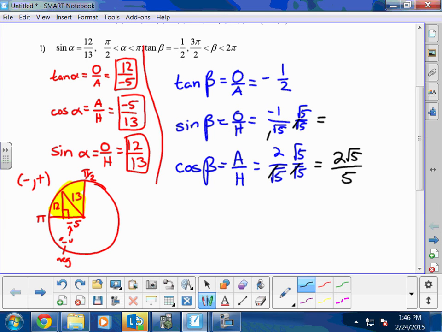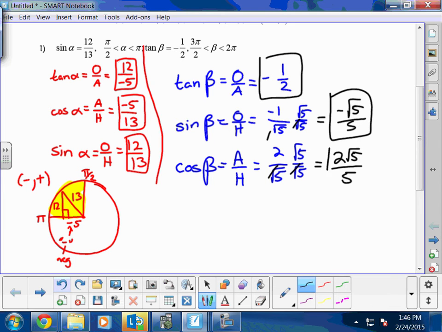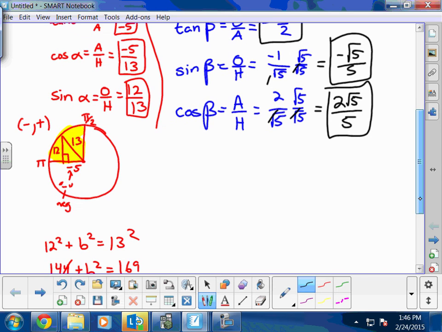Same thing happens here, except that this becomes negative square root of 5 over 5. Okay, so I got my 3 values. Actually, let me undo that. I want to make sure that I encompass the negative that's there. Negative here and this. Okay, now I'm actually able to apply all 3 of my different identities here.